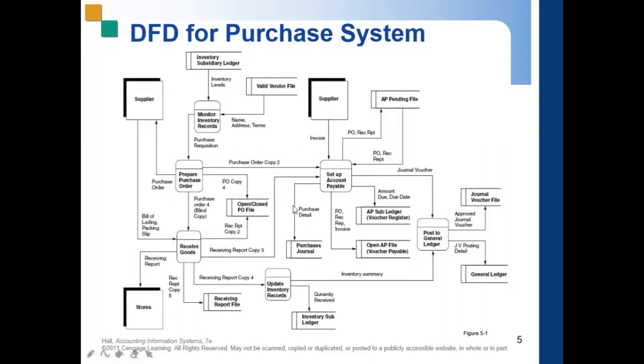Next is the setting up of accounts payable. Now, during the course of the transaction, the setup AP function has received and kept in temporary files copies of the PO and receiving report. So, as you can see here, it received them from the prepared purchase order and the received goods.